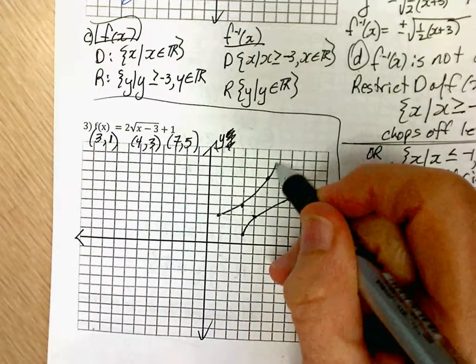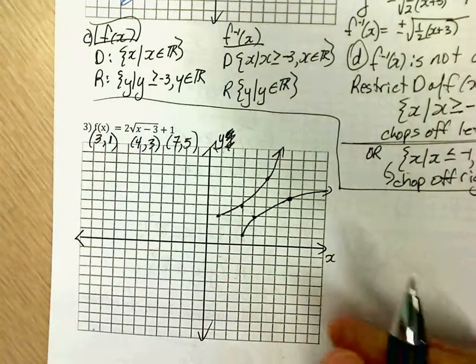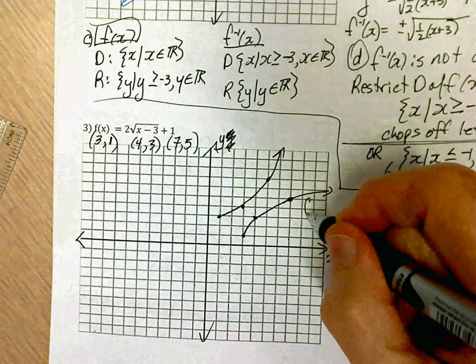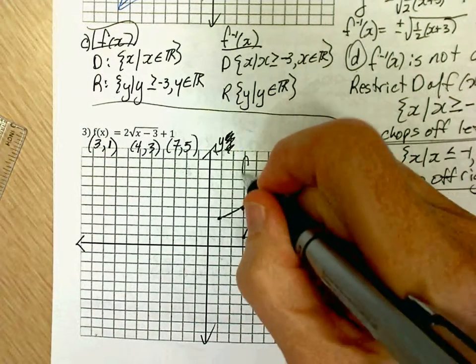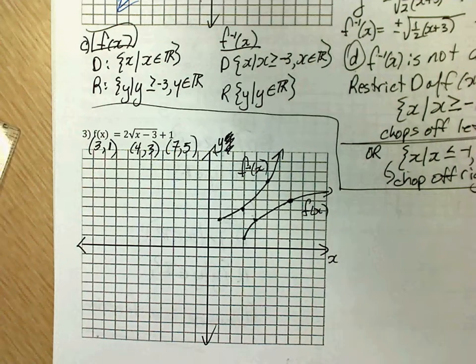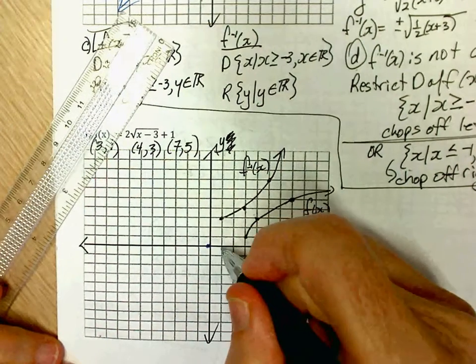Okay, let's draw the y equals x line, and this is f of x. This is our inverse.